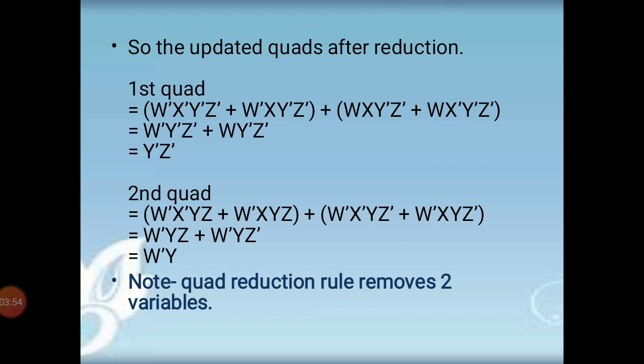In the second quad, the X complement changes to X, and Z complement changes to Z. So again we have to remove X and Z from the second quad, and we got the final expression for the second quad as W complement Y. So quad reduction rule removes two variables from the expression. Keep in your mind.